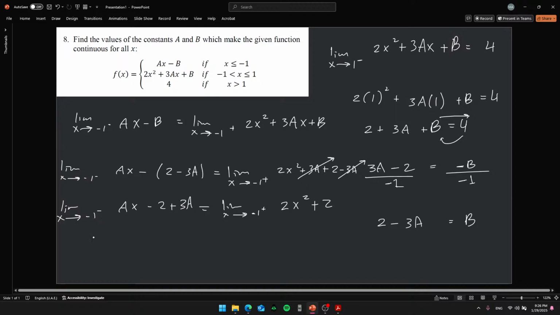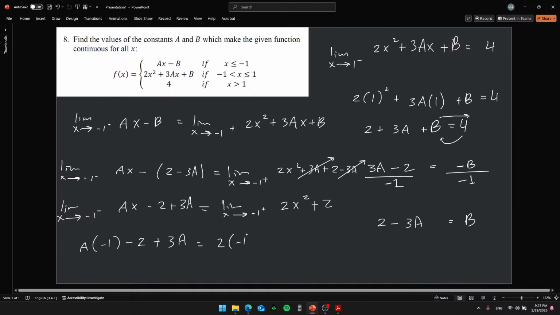Now substitute negative 1: a times negative 1 minus 2 plus 3 times negative 1. Oh no, wait, it's an a, so 3a, sorry. A times negative 1 minus 2 plus 3a, okay, correct.